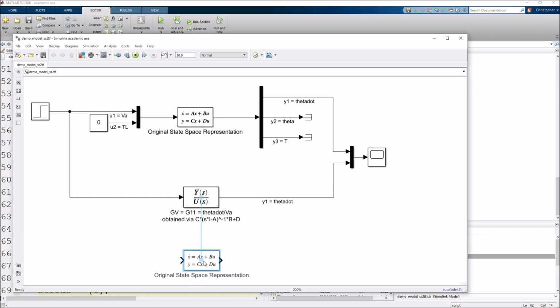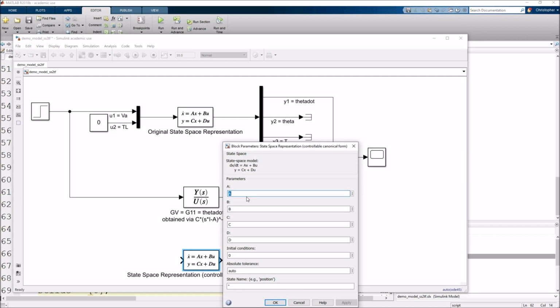Now let's add on another state space representation down here. I'm just going to copy and paste this one, and this is now the state space representation using controllable canonical form. So we need to change this to A tilde, B tilde, C tilde, and D tilde.